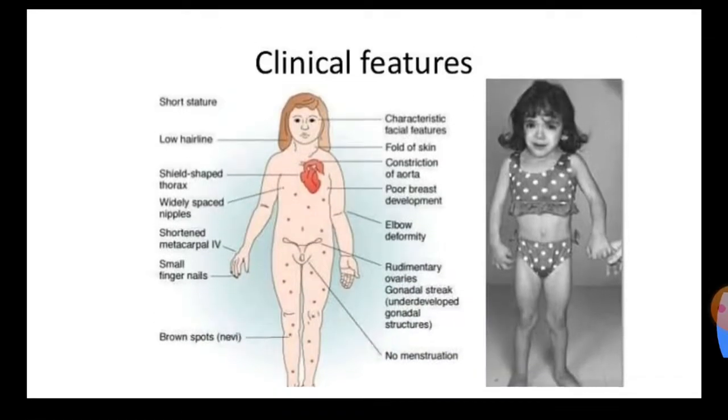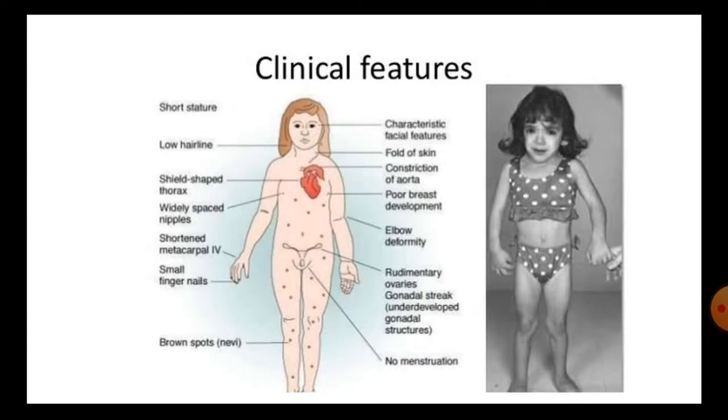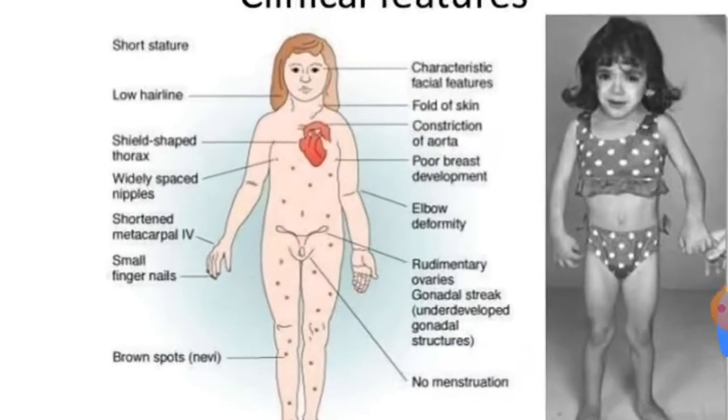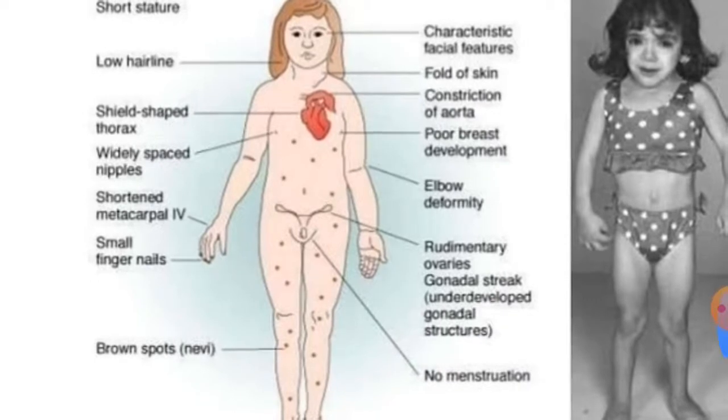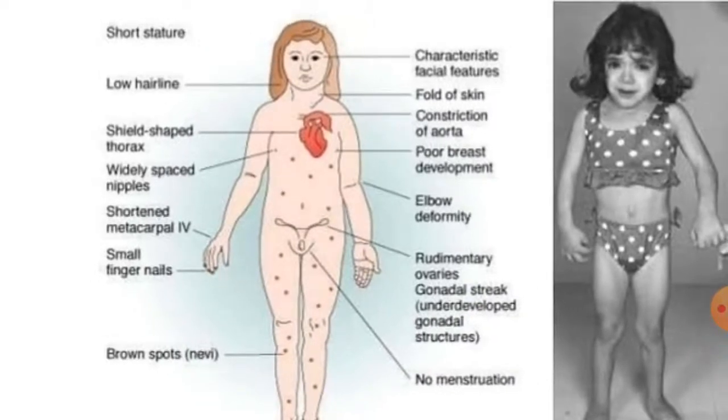Now you can see the clinical features of this Turner's syndrome. From here you can analyze all the features. You can see in the picture, the photograph, as well as all the marked features.